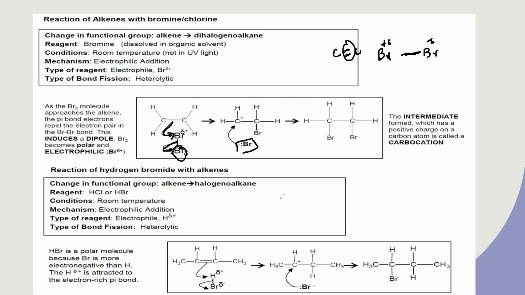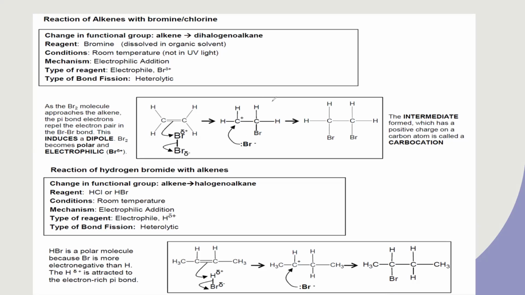Out of the double bond, one bond breaks, and these electrons form a bond with bromine. So one of the carbons, either on the left-hand side or right-hand side, can be a carbocation.